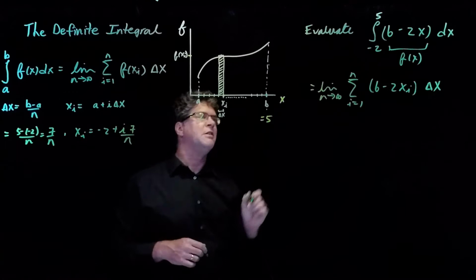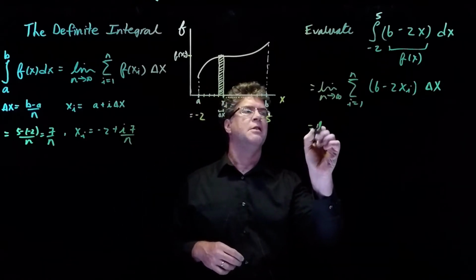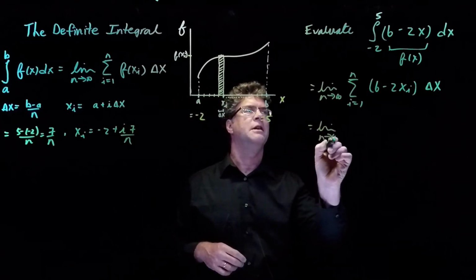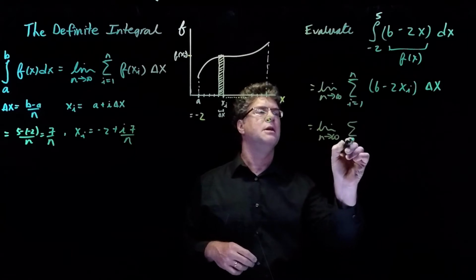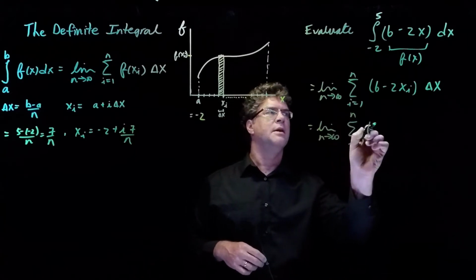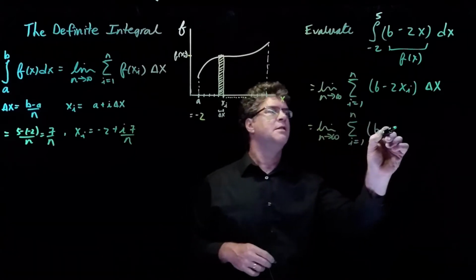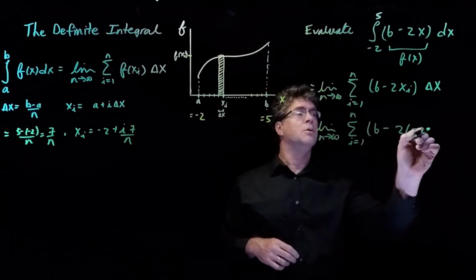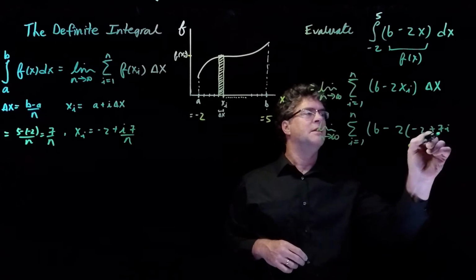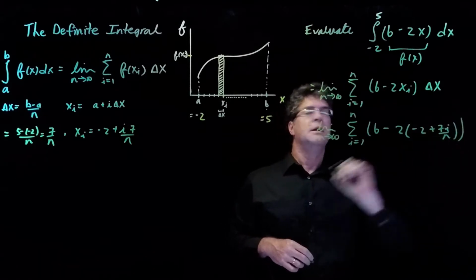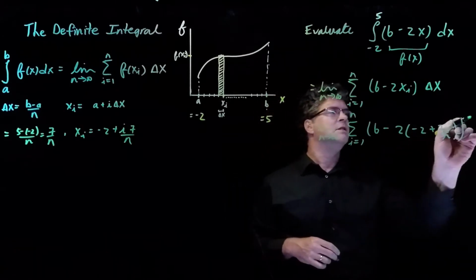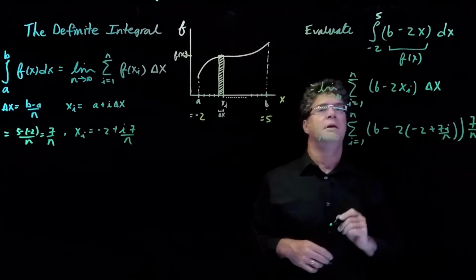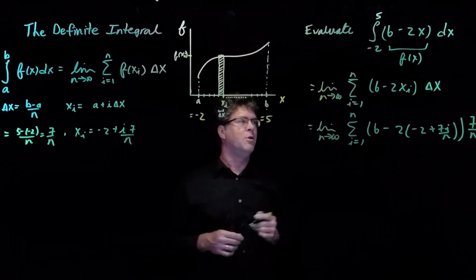We can plug this in here. This is the limit as n goes to infinity of the summation i going from 1 to n of 6 minus 2 times minus 2 plus 7i over n, times delta x, which is 7 over n. Okay, so that's our formula.